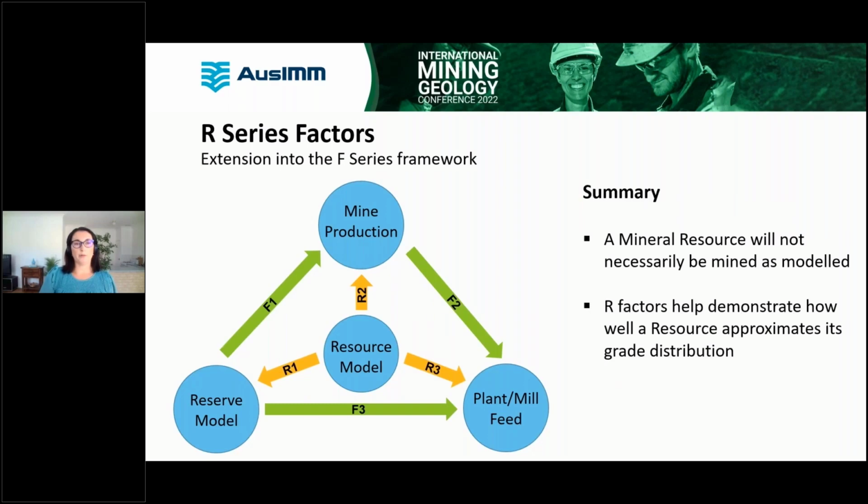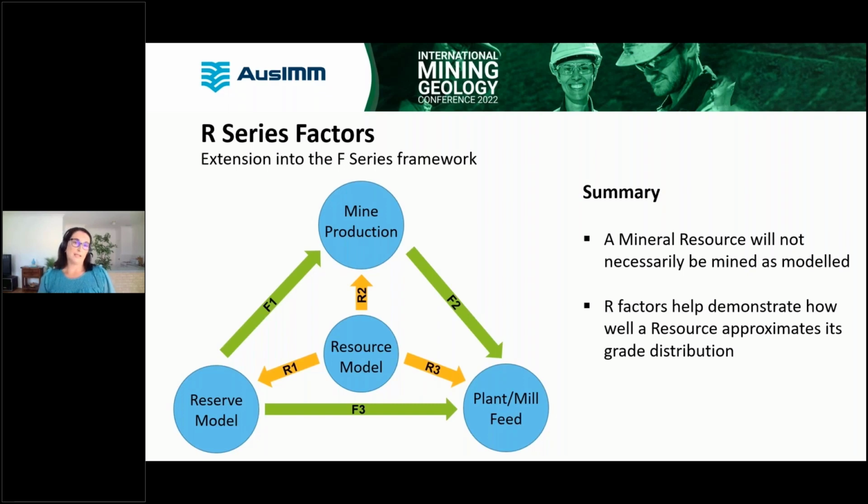So just a summary before we move into the case study. The mineral resource will not necessarily be mined as modelled. We all know that, unless the deposit is such that its selective mining is strongly controlled by the geological boundaries, or the lack of controls on the cutoff grades are such that bulk mining operations emulate that highly smooth resource estimate.